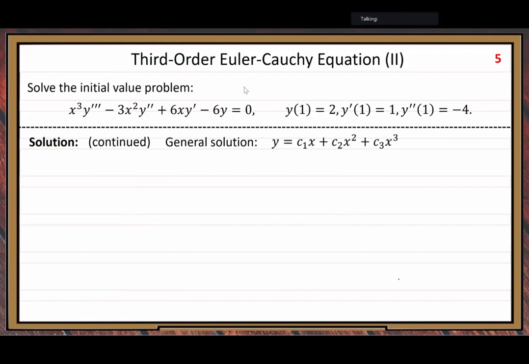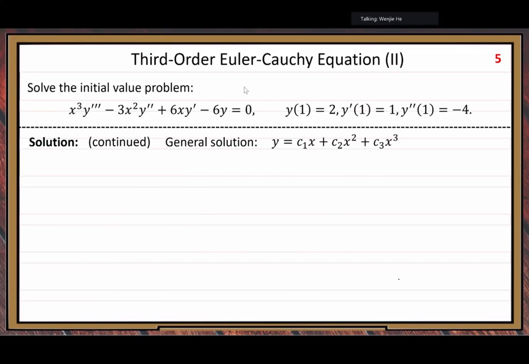Because if we have three linearly independent solutions, then these three solutions form a basis of the whole solution space. Here we generalize the concept of basis from second order to this higher order. The basis concept is important here.